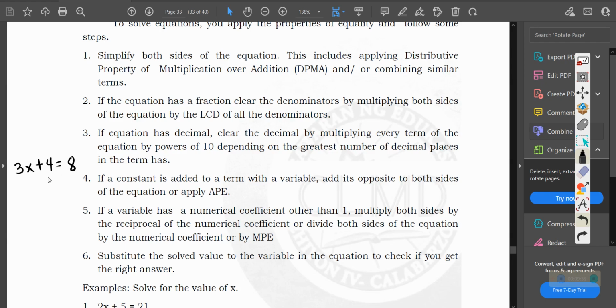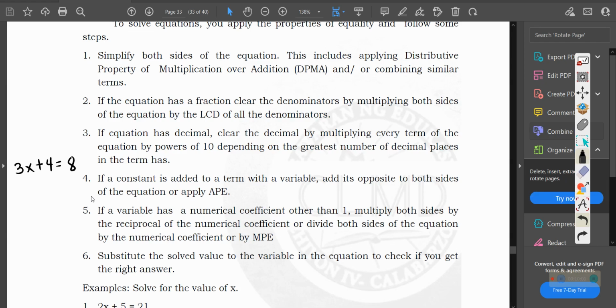Halimbawa lang naman po. So, para po maalis yung constant na to, we have to add the opposite of this number. So, it is positive 4. Therefore, we are going to add negative 4 to both sides of the equation. And that is the APE. So, lagi pong titingnan muna natin kung maa-apply natin yung APE.